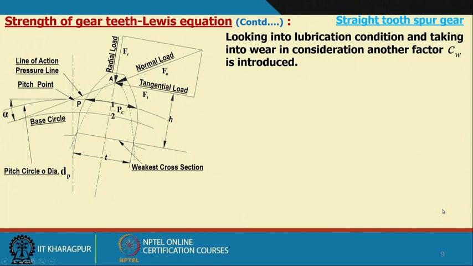So, looking into the lubrication condition, while we are designing the gears, it is not that the gears are being operated at the same conditions, or that the gear tooth profiles are equally accurate. So, we have to consider all such things. In case of lubrication, usually the gears are oil lubricated, and it is splash lubrication.